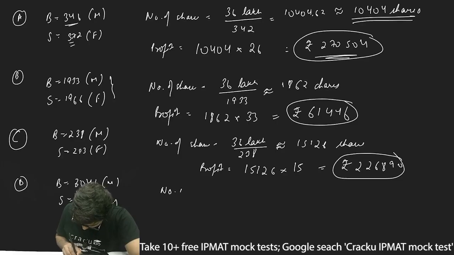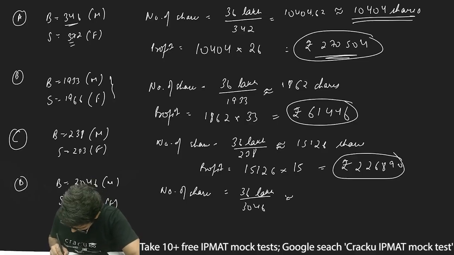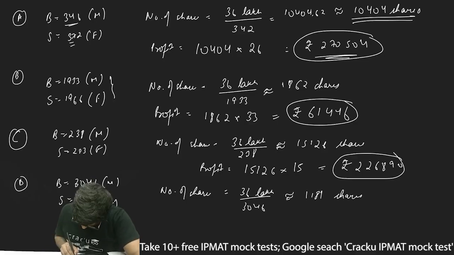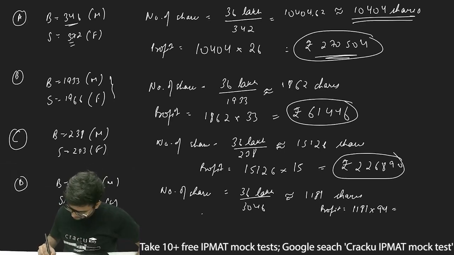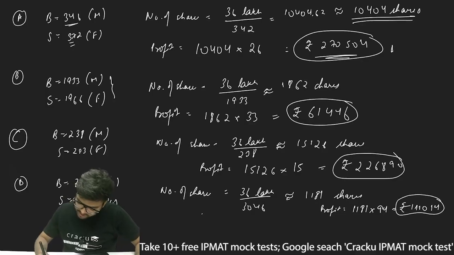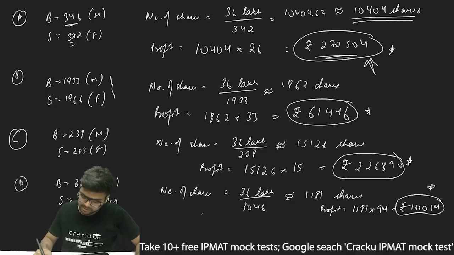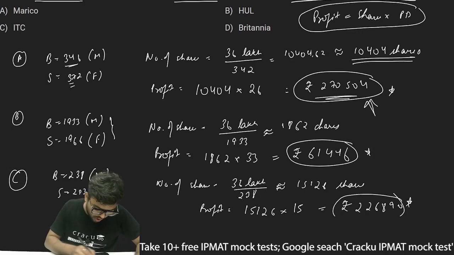Thus, first of all, number of shares will be 36 lakh divided by 3046, which is roughly 1181 shares. And thus the profit will be number of shares, 1181, multiplied by the price difference, which is 94. So 1181 into 94 will be rupees 111014. Thus, if we compare these four values, the profit is maximum at 270504, and therefore option A, which is Marico.